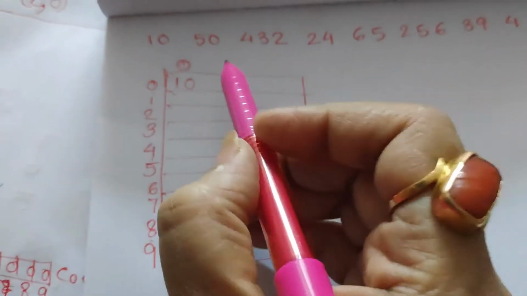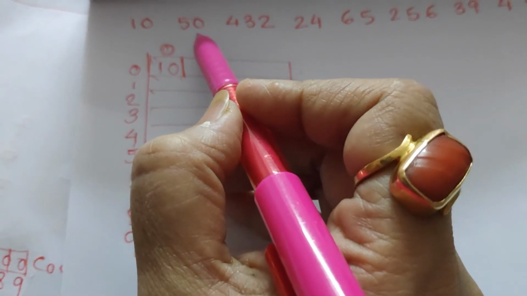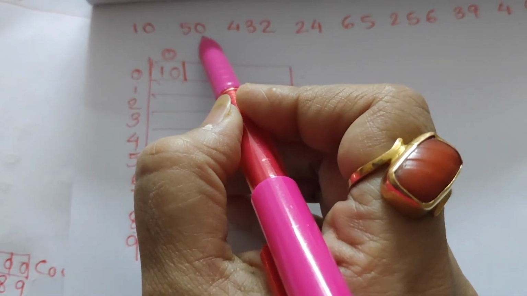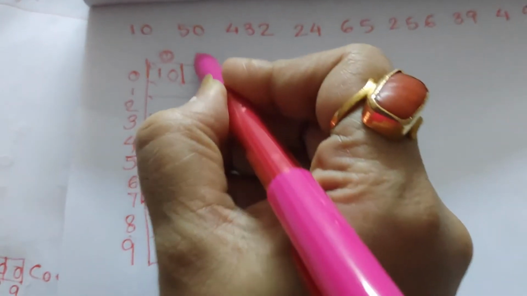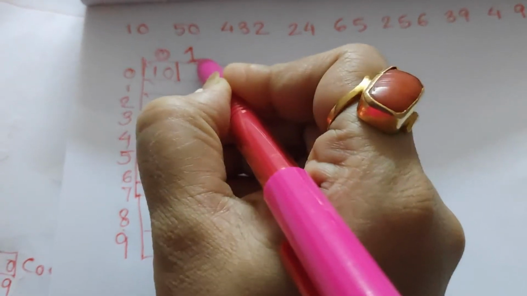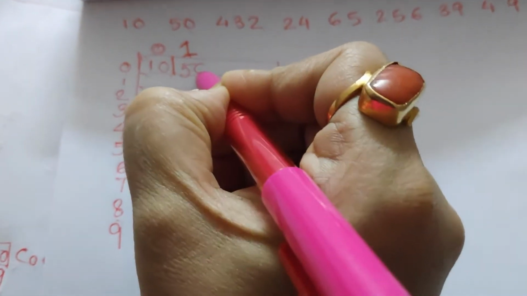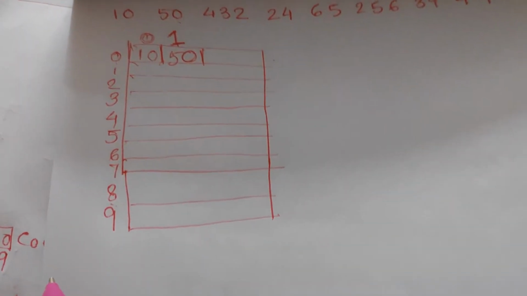Clear? Next comes the number 50. Now when we come to the number 50, the unit digit of the number 50 is also 0. So the number of columns in this row is increased to 1 and 50 is put in this particular row again.